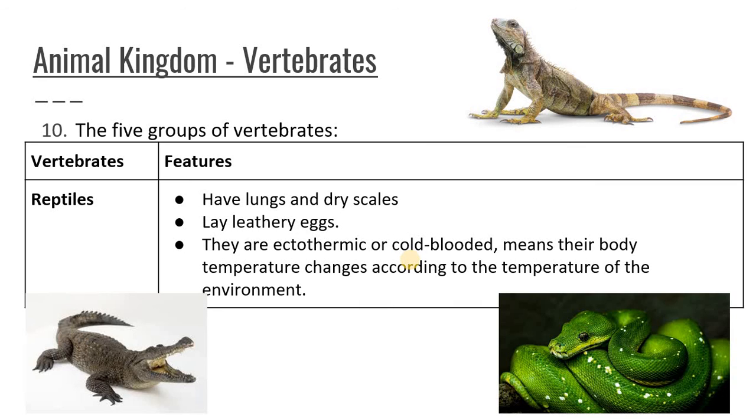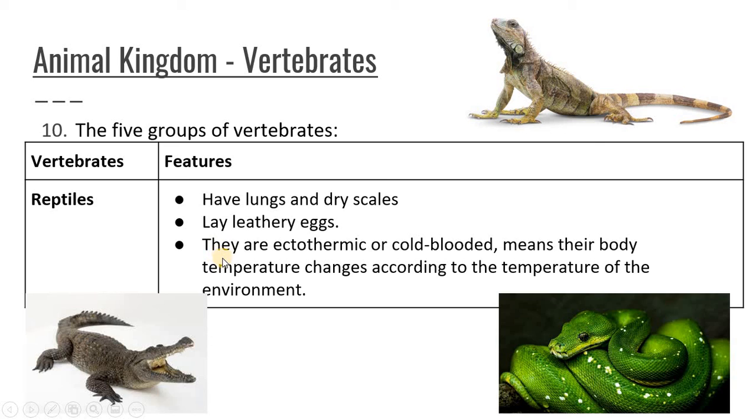The second group of vertebrates are called reptiles. Reptiles have lungs, they have dry scales, and they lay leathery eggs. Examples of reptiles we have here are crocodile, iguana, snakes, and lizards.